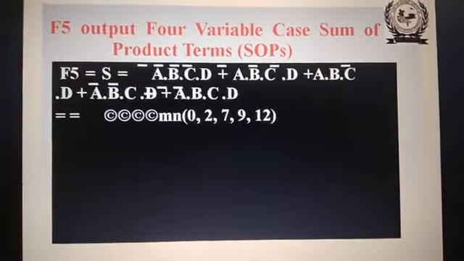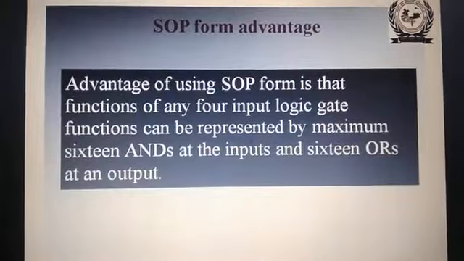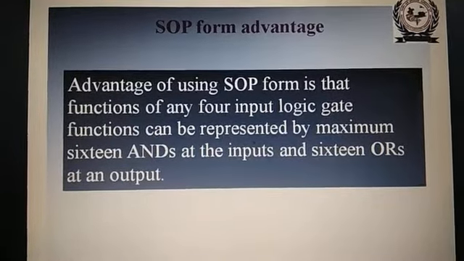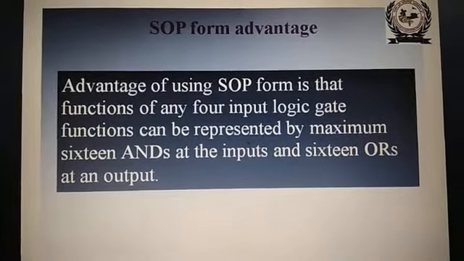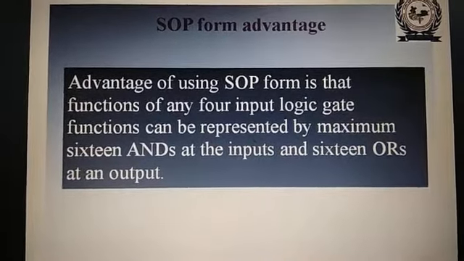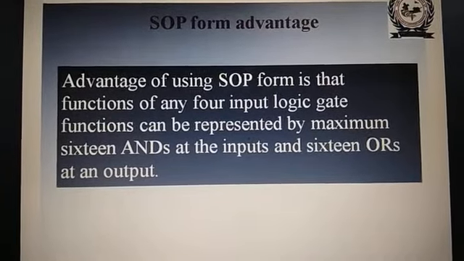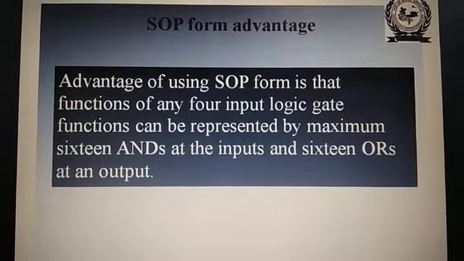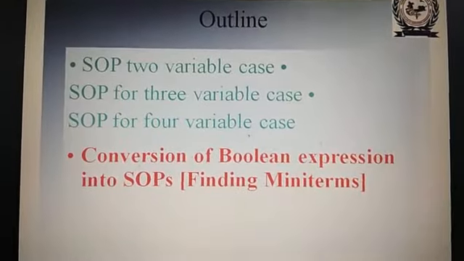So these SOPs, sum of product in terms of min terms, you can show here. Advantage of using SOP form is that functions of any 4 input logic gate functions can be represented by maximum 16 ANDs at the input and 16 ORs at the output.